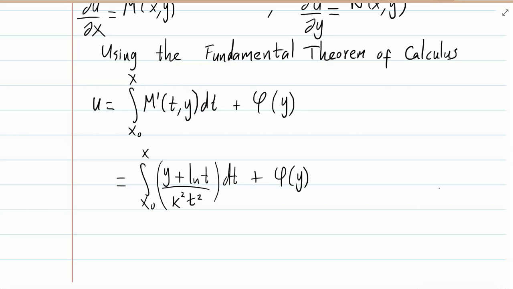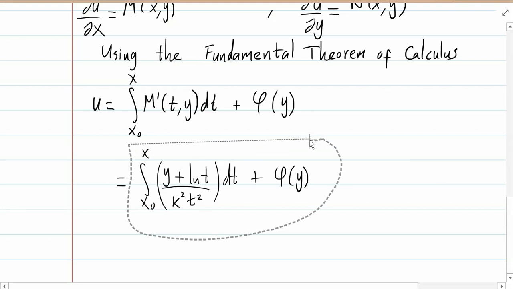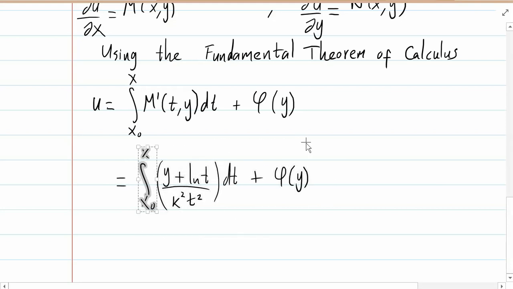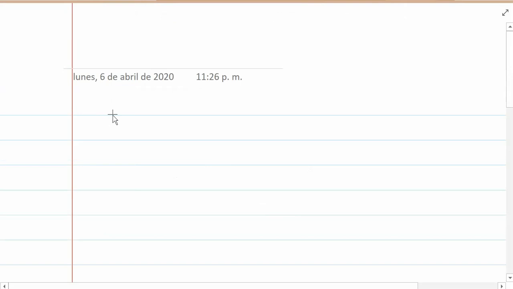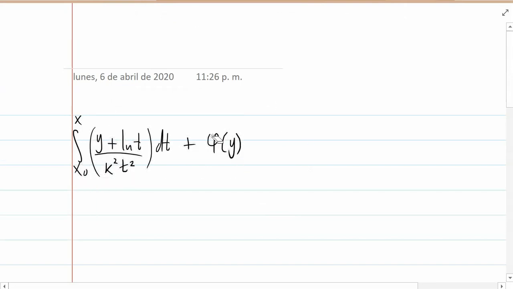So probably the best way to go about it is to integrate by parts. I'm going to copy this integral and we're going to solve it by parts. So let f equal natural log of t.